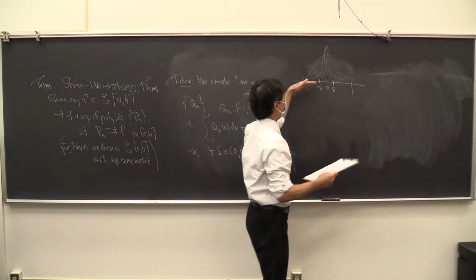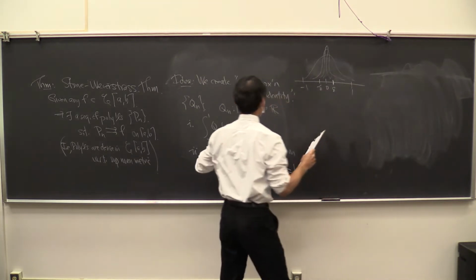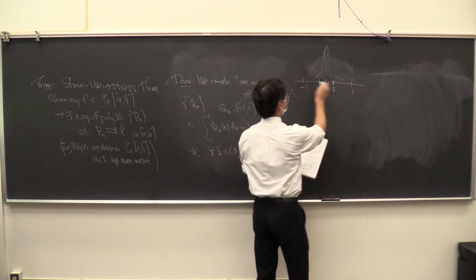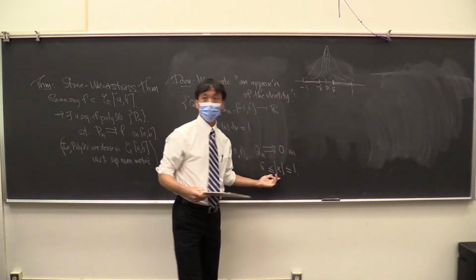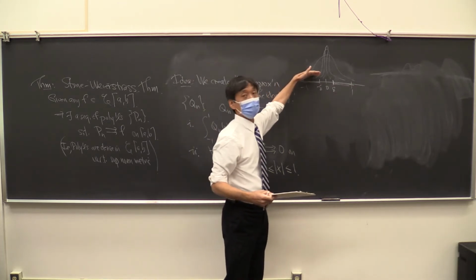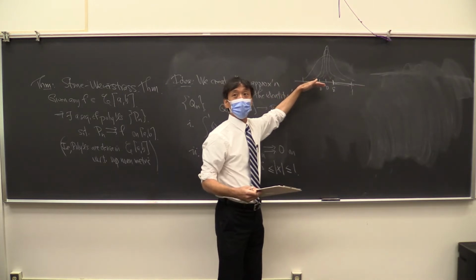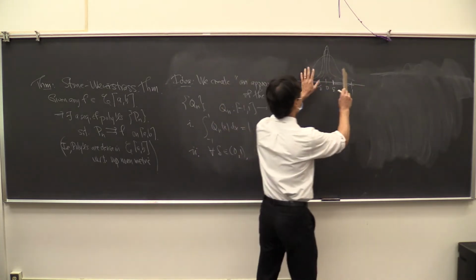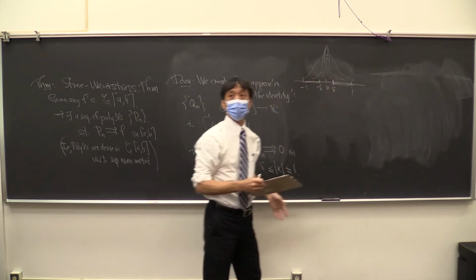So for any fixed delta, we require that on the set where the absolute value of x is greater than delta, the functions converge to 0 uniformly. This is the condition that the mass gets concentrated.